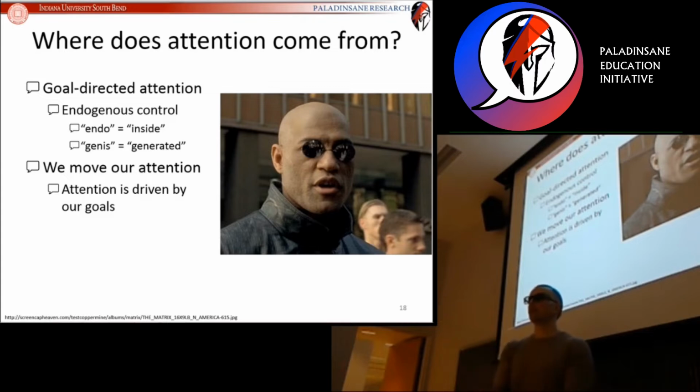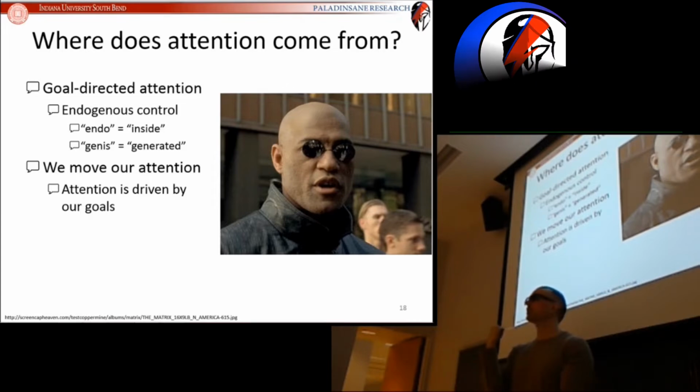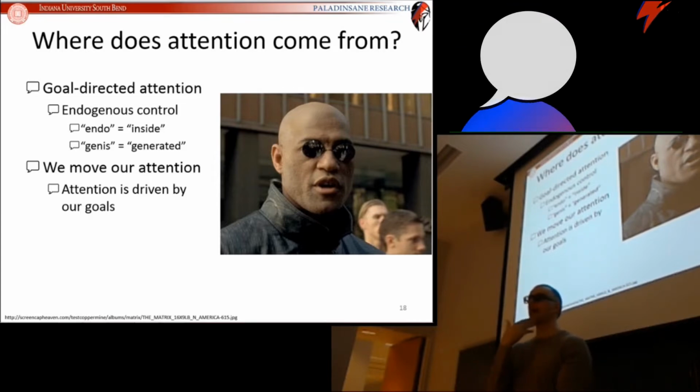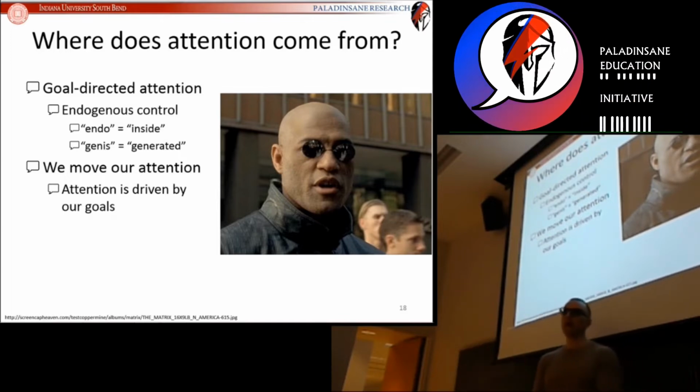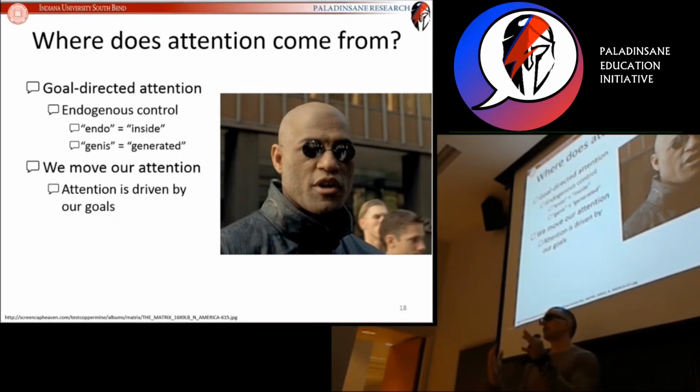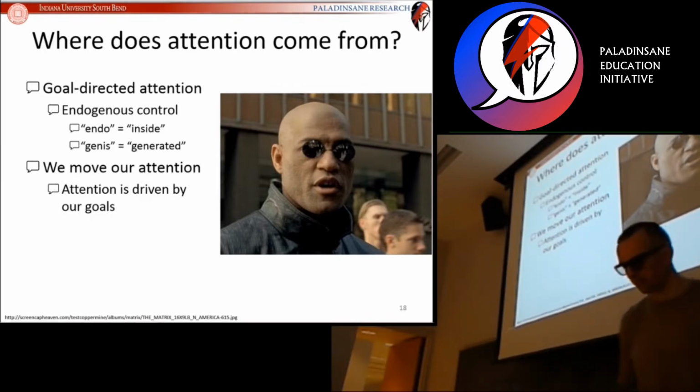That's your goal-driven attention. Your exogenous attention is stimulus-driven, and it is saying, I hear loud music coming from a TV, it's trying to grab my attention, I want to focus on that. So if you ever have to pay attention, that means you have endogenous attention from inside that you're trying to use to process certain information, but exogenous attention, stimulus from outside, is trying to grab your attention.